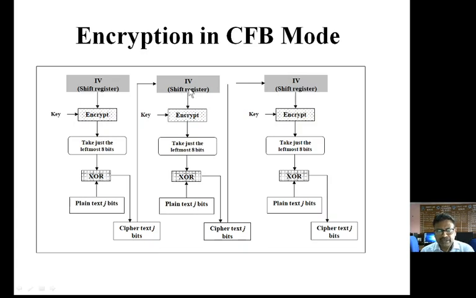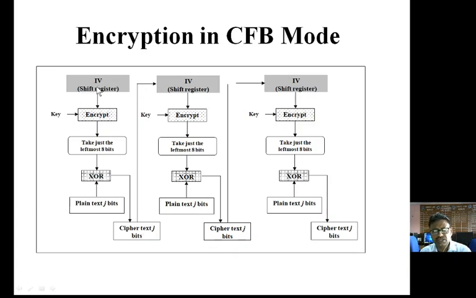Now the second part is that this ciphertext 8-bit, the first 8 bits, is shifted into the shift register from the right-hand side. In the shift register, we previously have the initialization vector, and this value is shifted 8 bits left to receive this ciphertext.